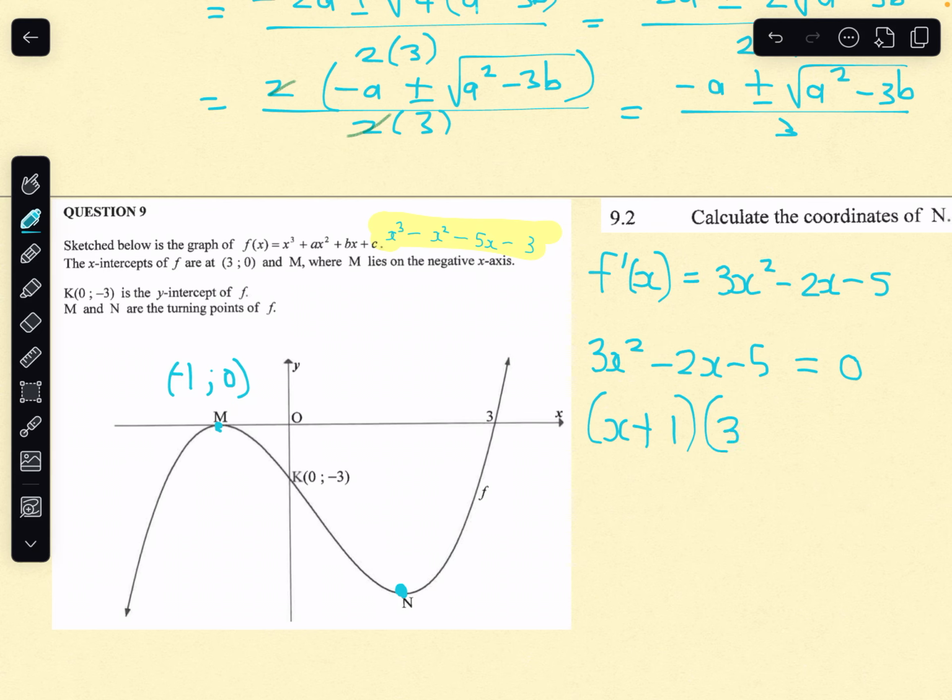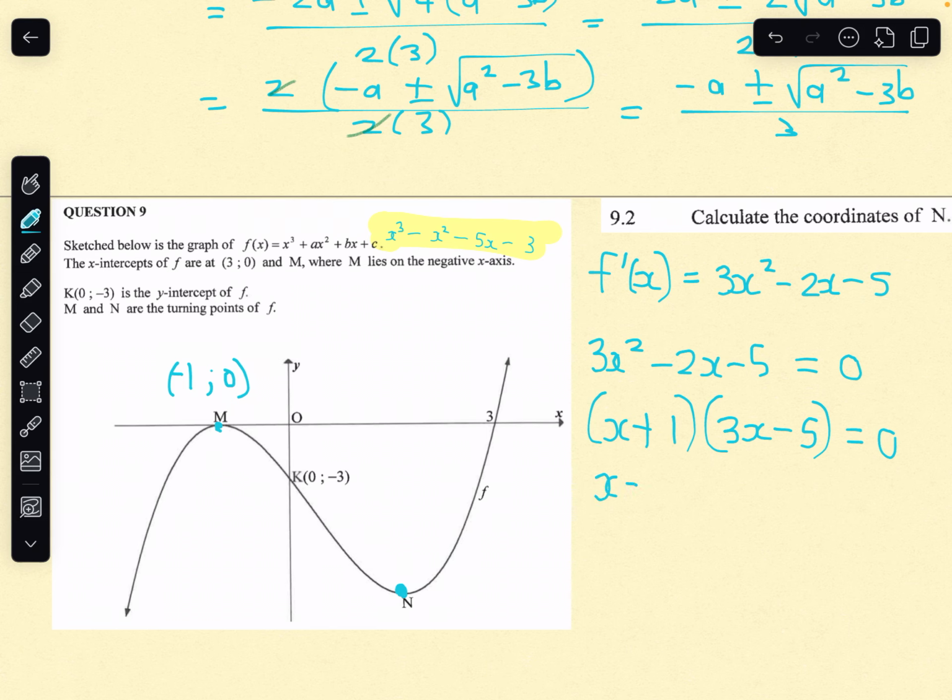So that means that this guy has to be 3x and this one has to be minus 5. Why? Because x times 3x will give me this term and 1 times minus 5 will give me this term. So let's just see if we get the middle term. Minus 5x plus 3x does indeed give me minus 2x.